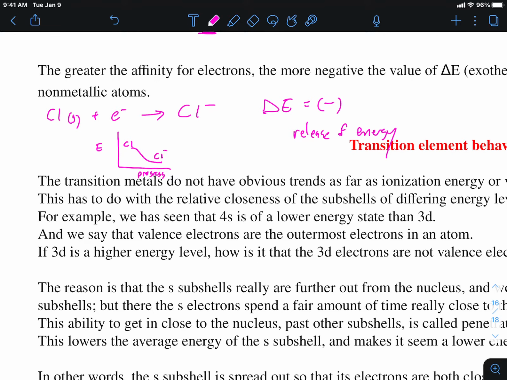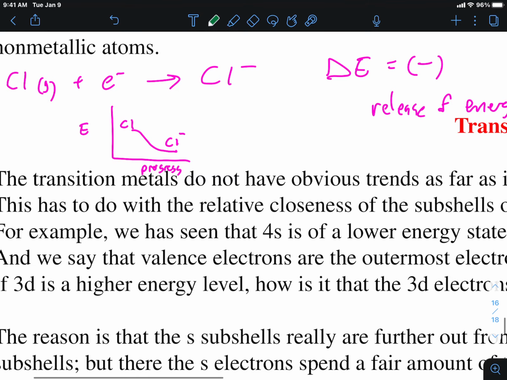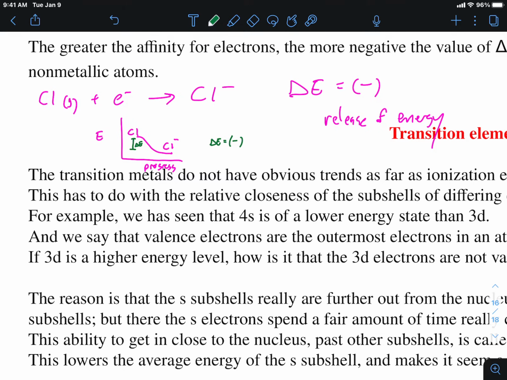All right, there's a change in energy here. The delta E is negative. So anything that releases energy results in a lower energy state. Lower energy states are more stable.